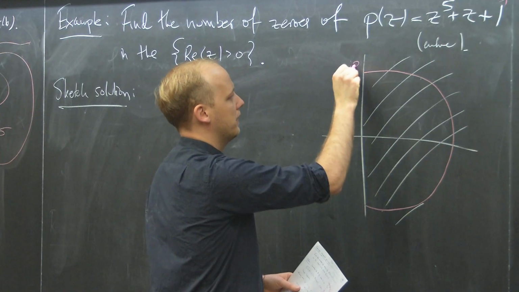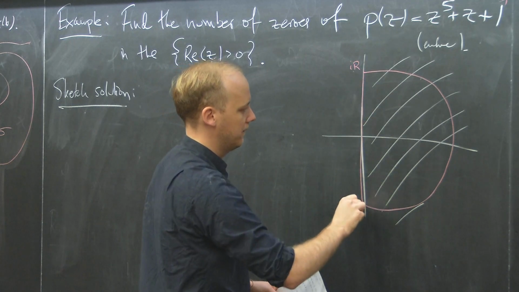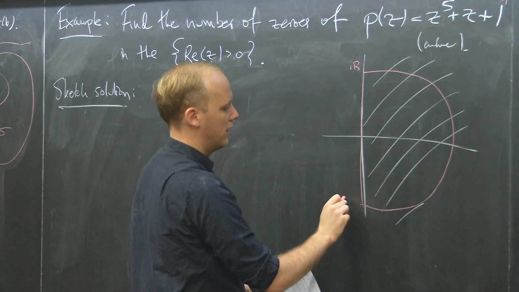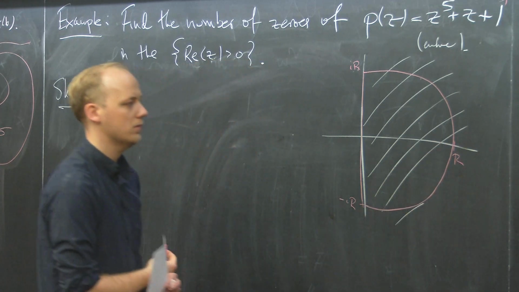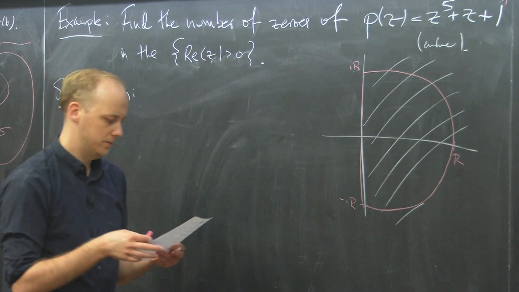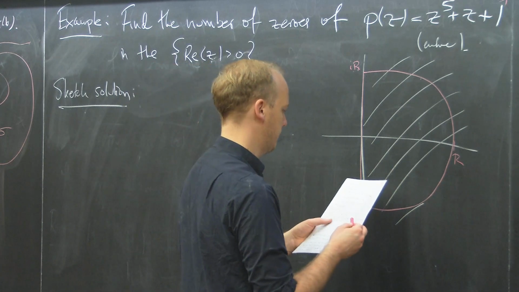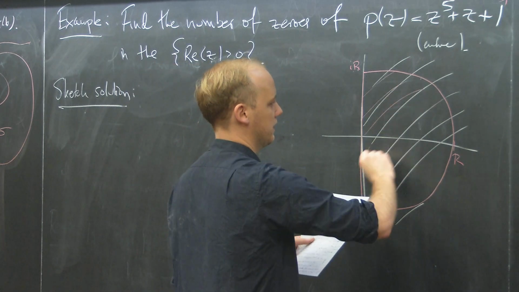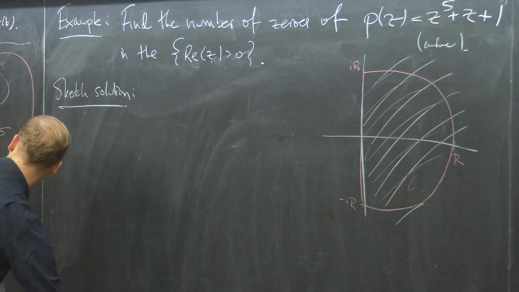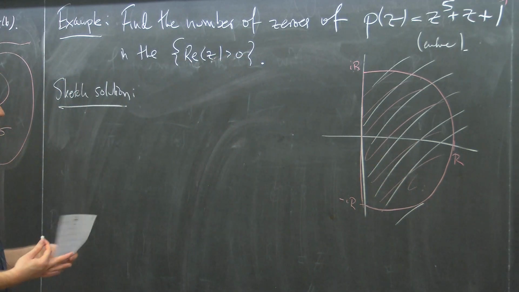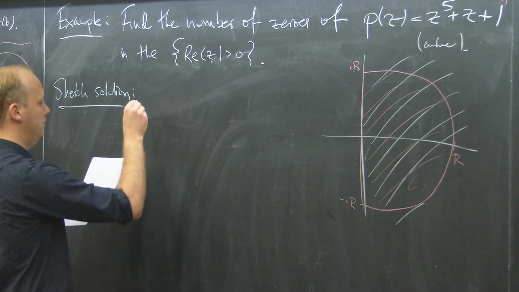So this will be the point iR, and minus iR, and this would be R. So we consider this curve, actually it's a large semi-disk. And we look at the number of zeros inside this disk.